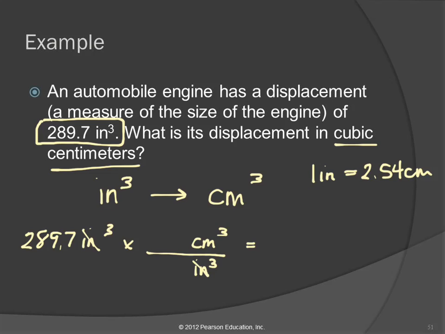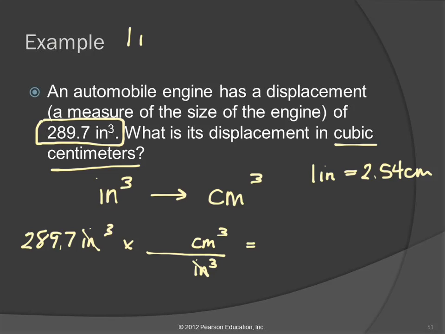Now this is where we need to be careful. 1 inch is 2.54 centimeters, but 1 cubic inch is not 2.54 cubic centimeters. We have to cube the number. So you might want to do that off on the side somewhere.